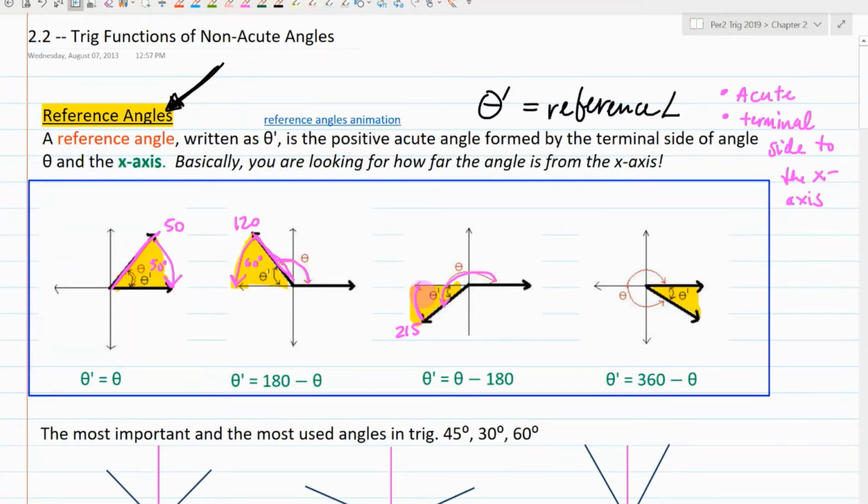Then that angle right there is the reference angle, and that would be 35 degrees. And here, let's say the terminal side is at 330, and that's 360 right there. So the reference angle would be 30 degrees. All the ones that are highlighted are the reference angles. I will show you an animation of that now.